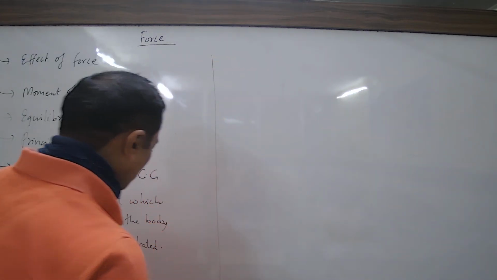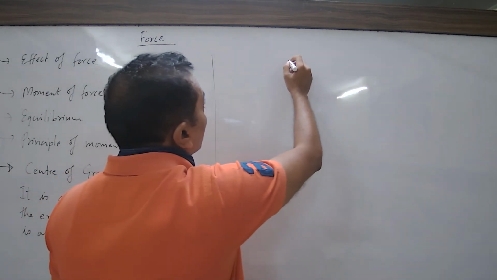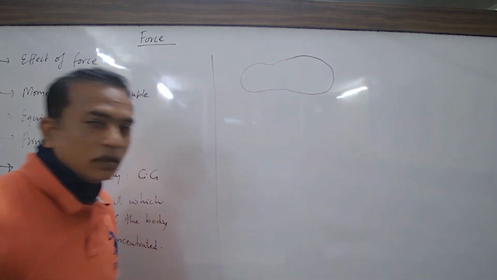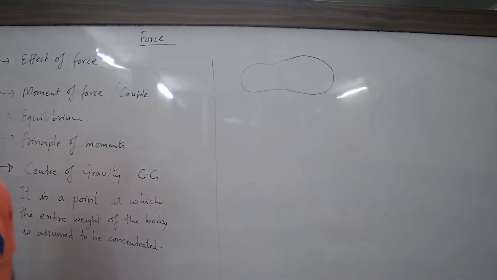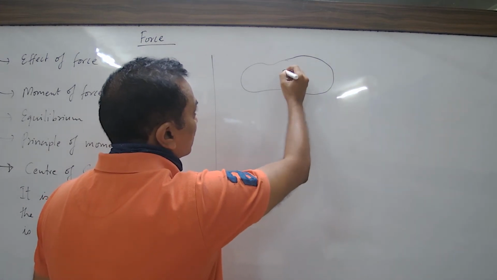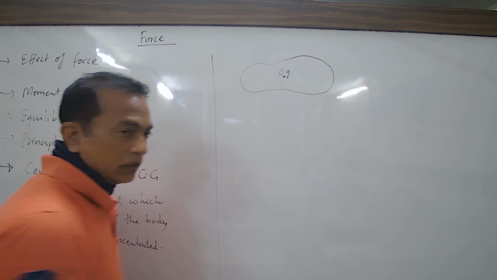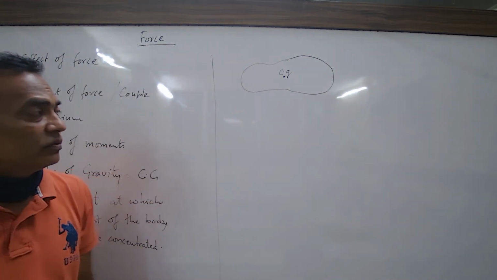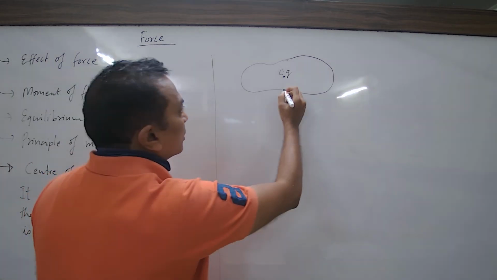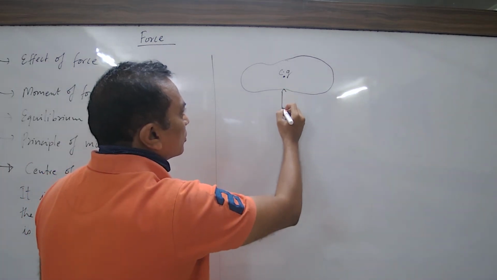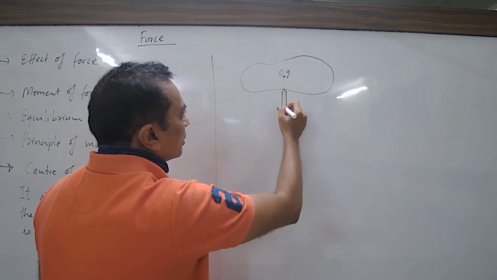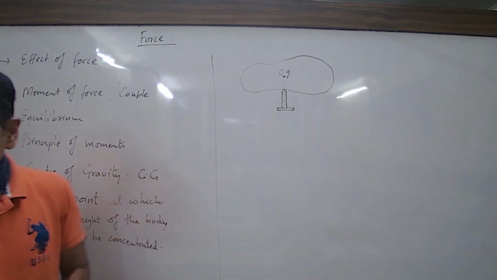So what does it mean? Suppose we have an irregular shaped body, very potato. If I say the center of gravity of this object is at this point, then I can actually balance it or hold it at a support on this point.